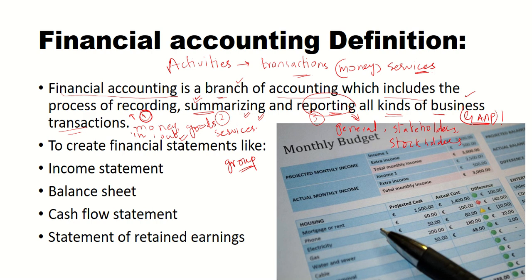So this is the definition of financial accounting, and the report goes in the form of 4 types: income statement, balance sheet, cash flow statement, and statement of retained earnings. These 4 statements provide all the significant, relevant, and adequate information about the business's activity for the particular period of time, which is sufficient for any investor or any stakeholder.